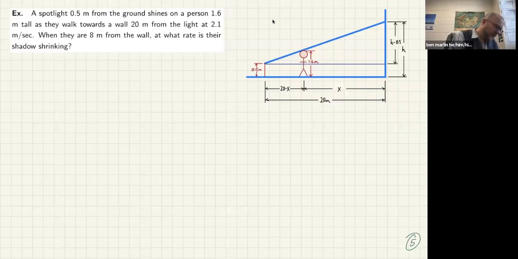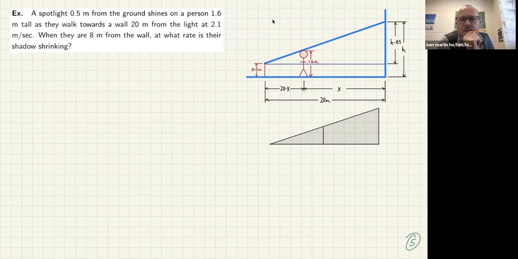All right, so the trick on this one is that we're thinking about similar triangles. The main thing about them is that when you cut something parallel to one base, then the smaller triangle you get is going to be proportional to the bigger triangle, okay?